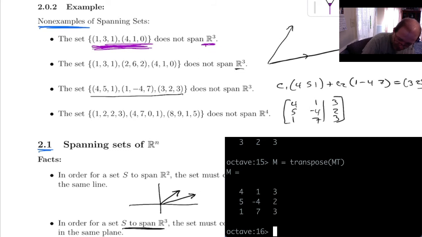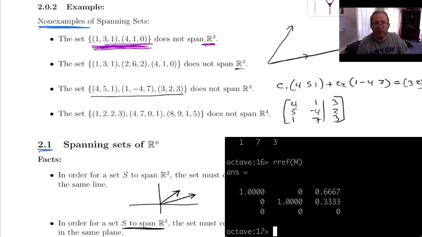If you take this and row reduce it, you get this. And what this tells us is this third column here is 2/3 of the first plus 1/3 of the second.